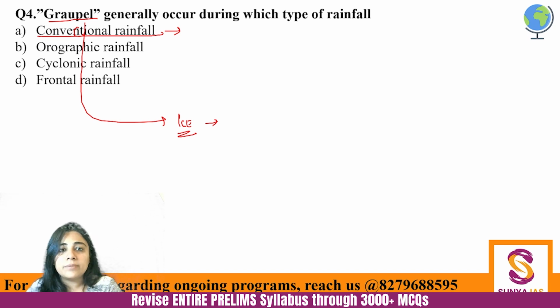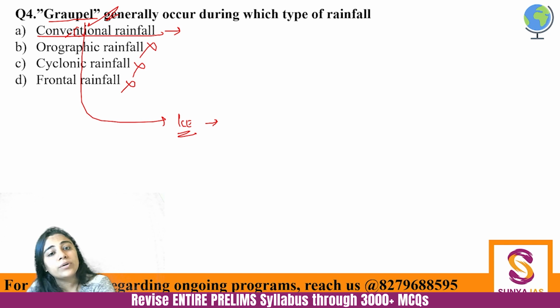So graupel is there, so it happens in convectional rainfall. It's a soft pellet of ice, right? It's not even snowfall, it's a soft pellet of ice. So it does not happen in orographic, not in cyclonic, not in frontal. And these four types of rainfall, I hope you are clear with them now, because we have already mentioned them earlier in the last class. One of the last questions was this only. Okay, let's move on to the next.